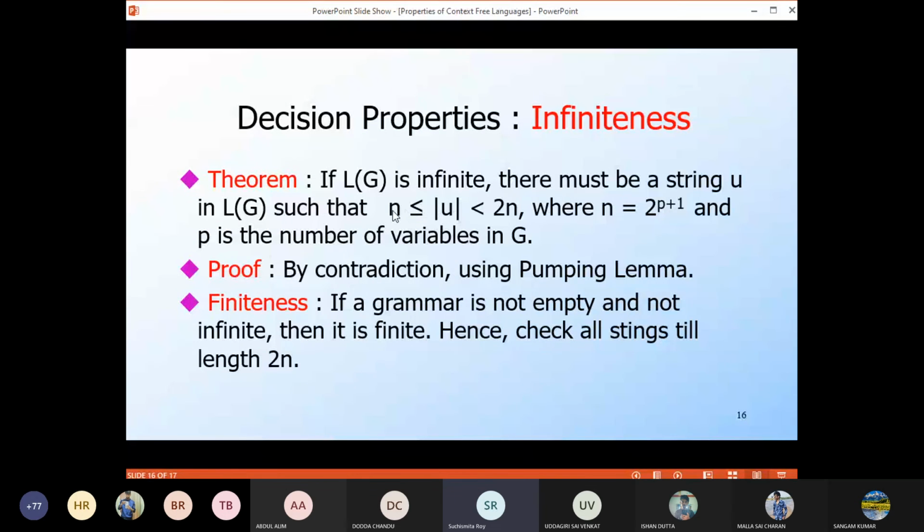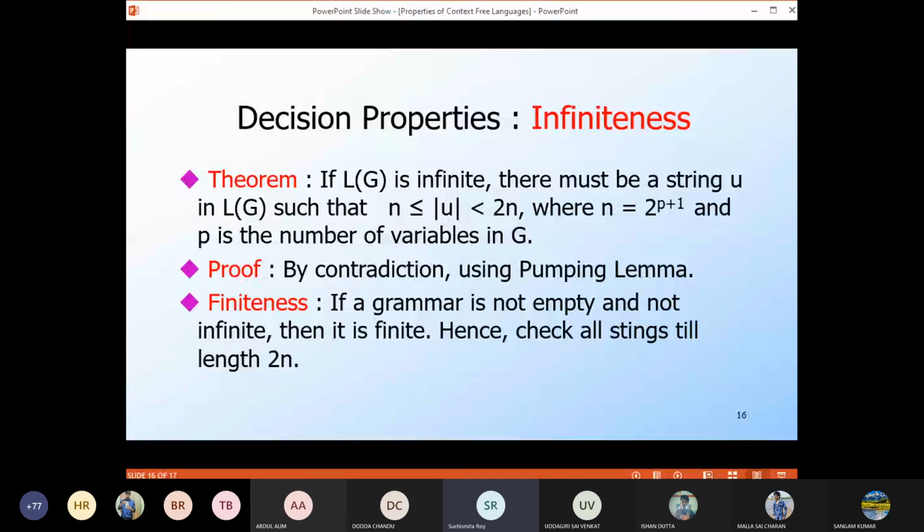In this range, if you try to enumerate the strings and you can find a single string, then you can safely say that it's an infinite language. Why? Because by pumping lemma, you can pump and create bigger strings as many times as you like.